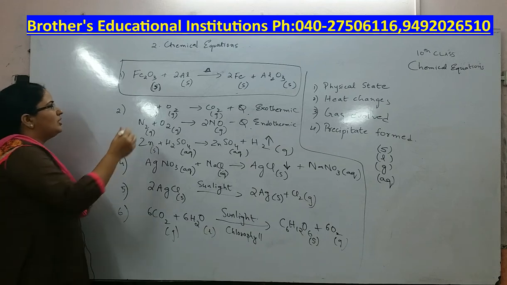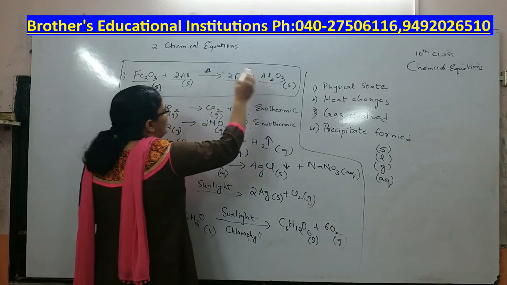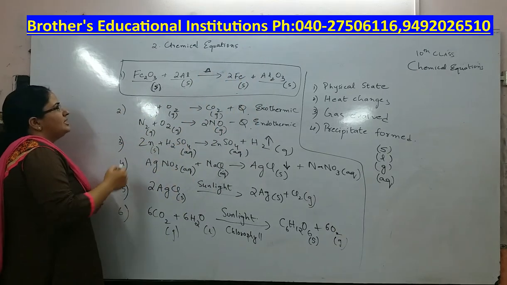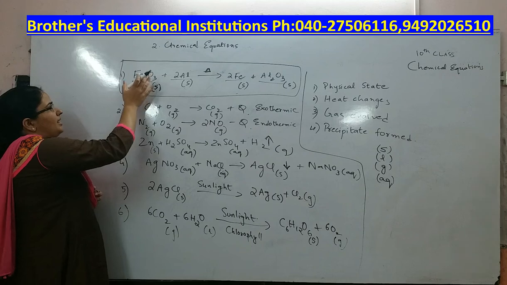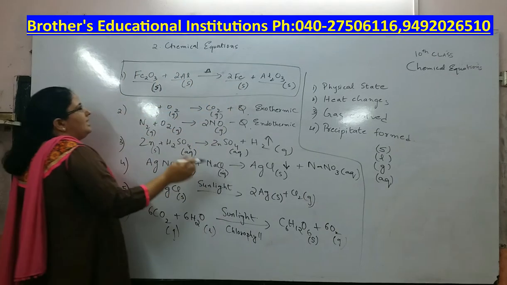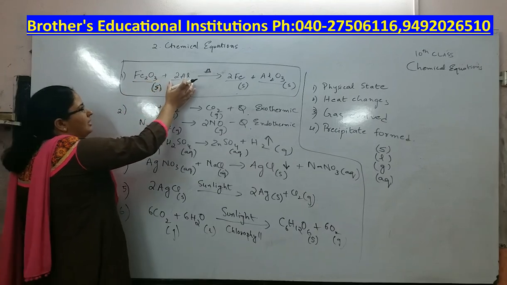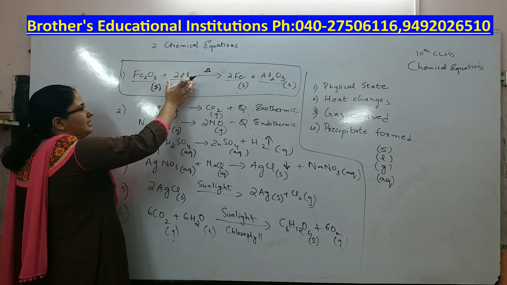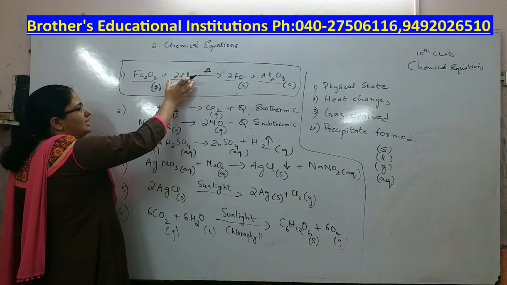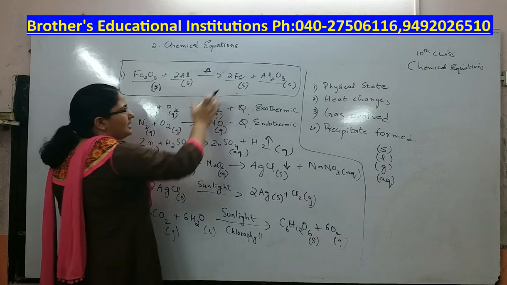First thing is, you will know the formulas of the chemical compounds. Then next, you will know what the reactants are and what products are formed. Next you will know the ratio of atoms or molecules that are combining on the LHS as well as the RHS.